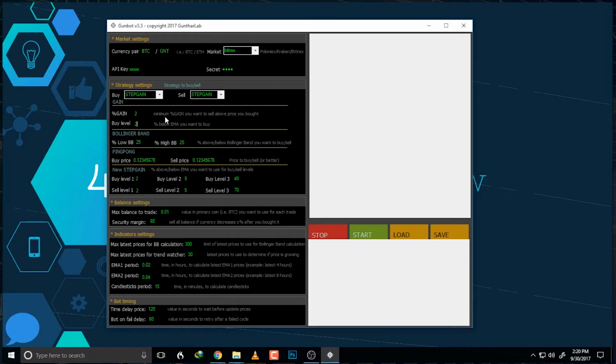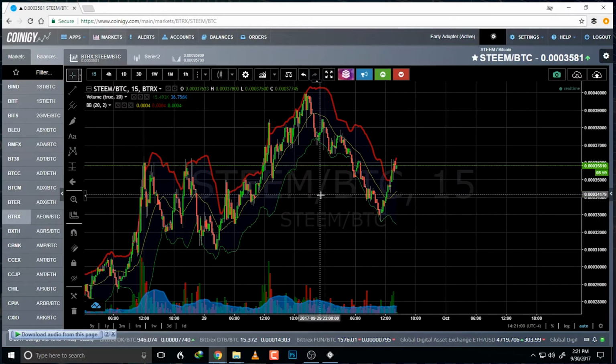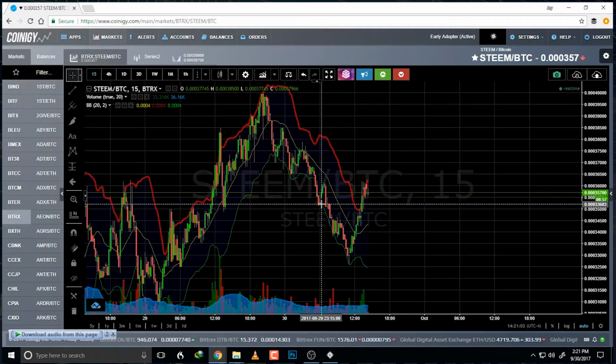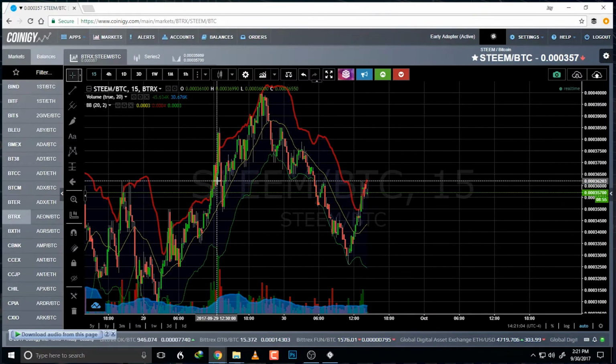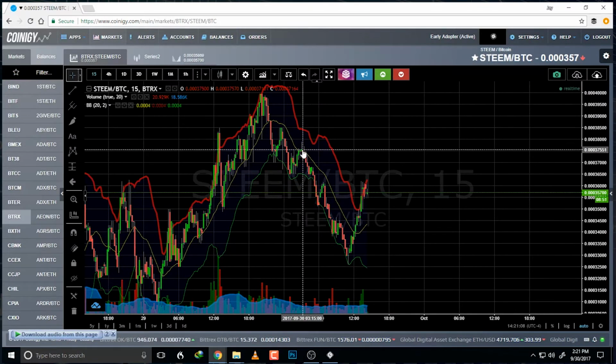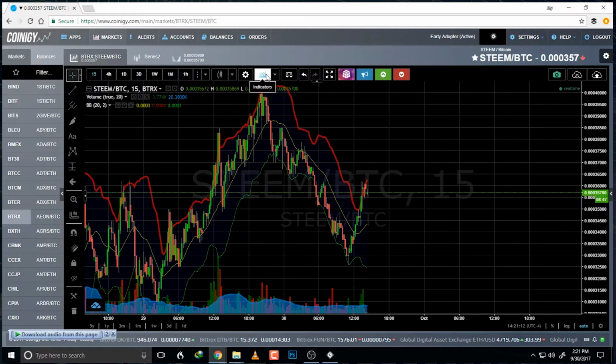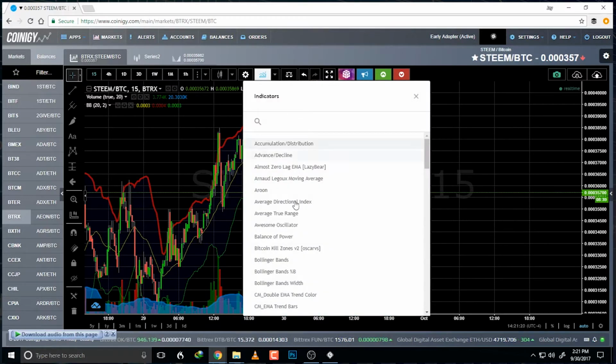Bollinger Band. This one I will explain. If we go into this setting, this is my Coinigy account, and I have it set up with Bollinger Band settings. For those of you that don't know how to do that, if you're on TradingView or you're on Coinigy, you have access to see these things. In the indicators, you would actually go here, and right down there's Bollinger Bands.